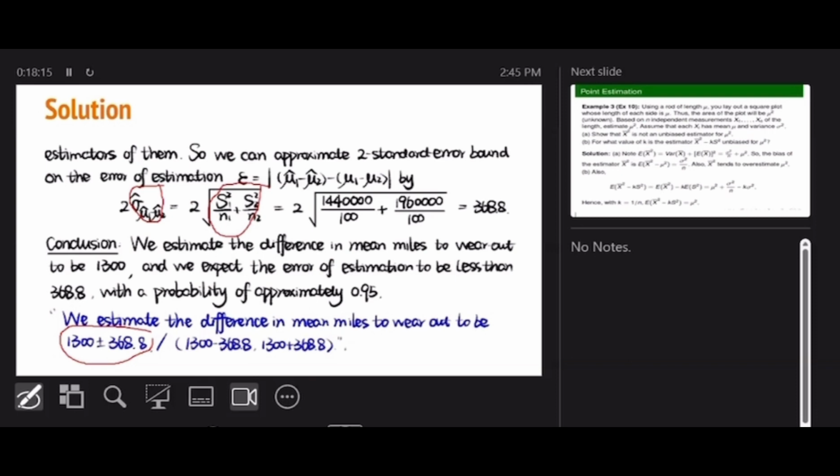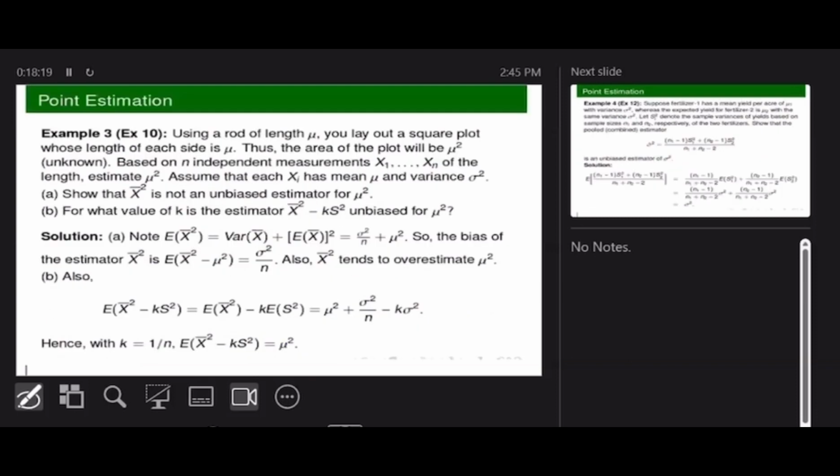I want to go into today's material, but for us to prepare our ground for interval estimation, I put this example here for you to take a look at. This is still under point estimation. Using a rod of length, you lay out a square plot whose length of each side is mu. Thus, the area of the plot will be mu squared.